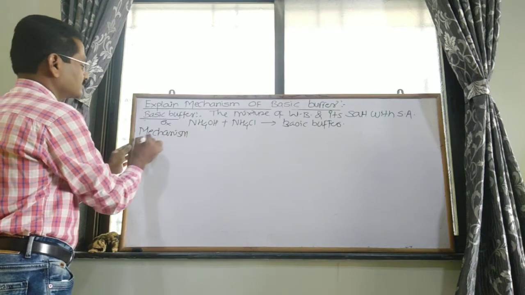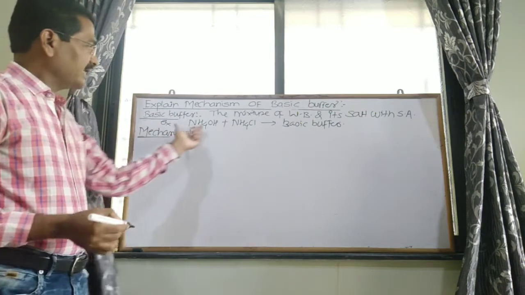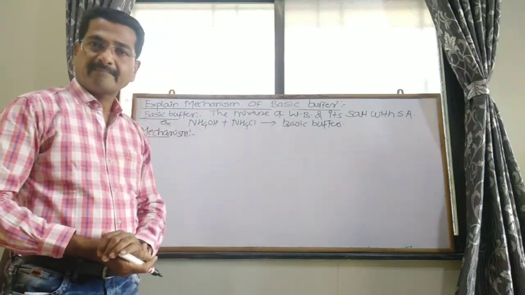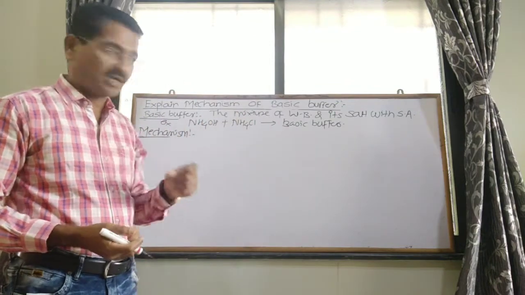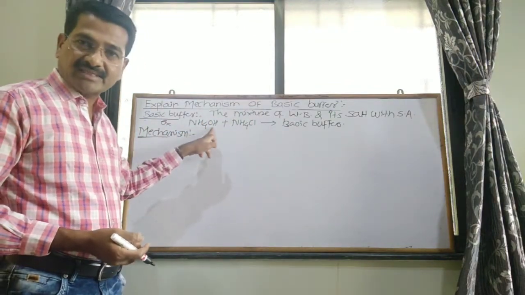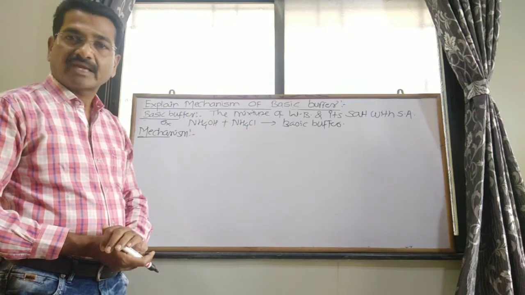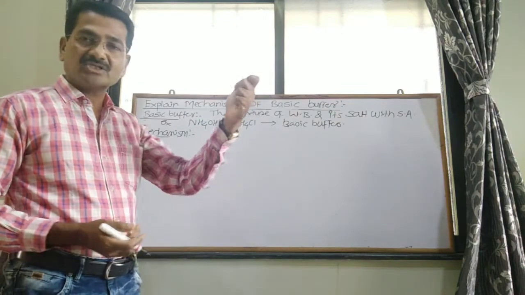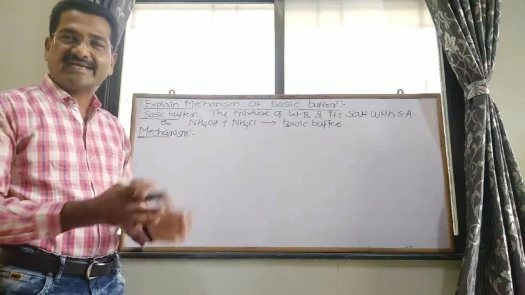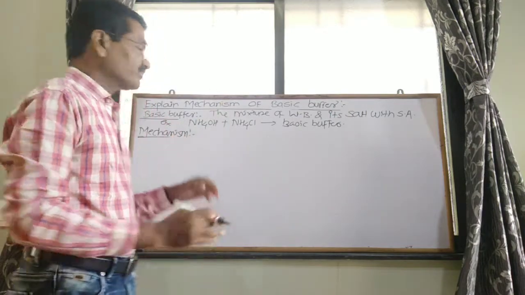Mechanism. In the given mixture, ammonium hydroxide is the weak base, dissociates partially, and ammonium chloride is the salt of weak base and strong acid, dissociates completely.